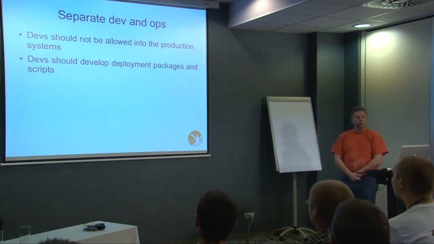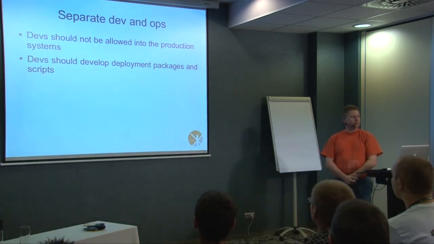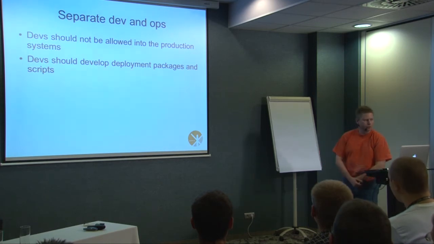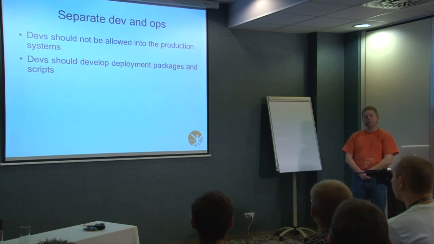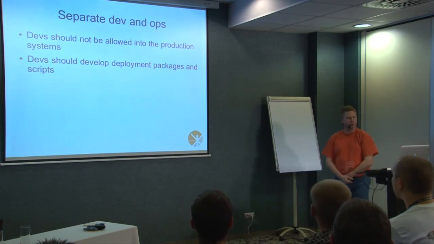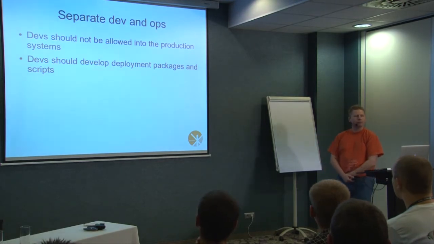But make sure also, at the same time, that they have to develop deployment packages, deployment scripts. So they have to develop the stuff that you will actually use to put things in production. And if you're not allowed into the production systems, then you won't even be sure where scripts are located. Do you have any absolute path that you have to refer to or not? It makes things a lot more interesting if you don't allow them to see the production systems.